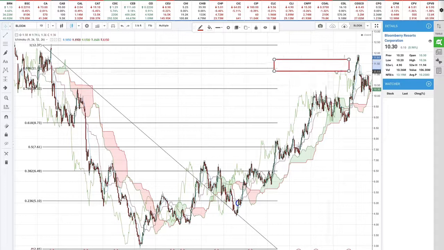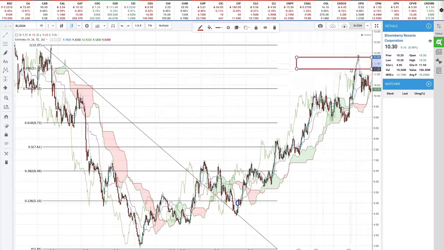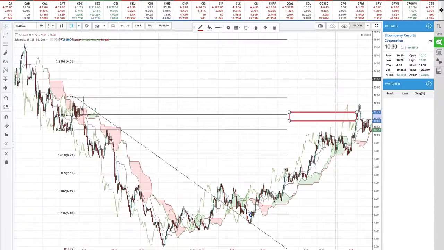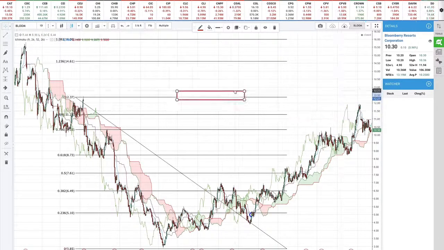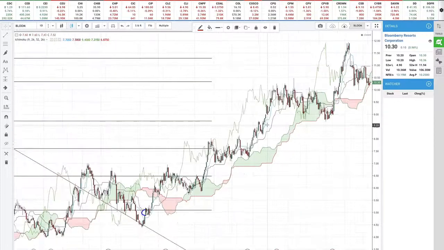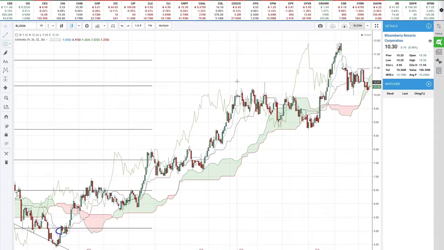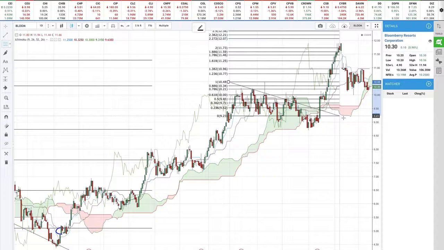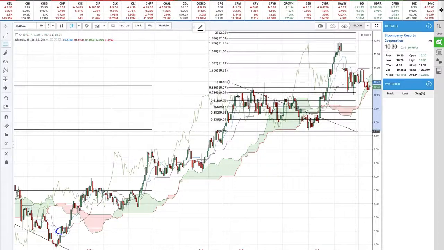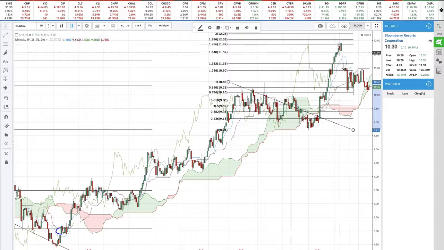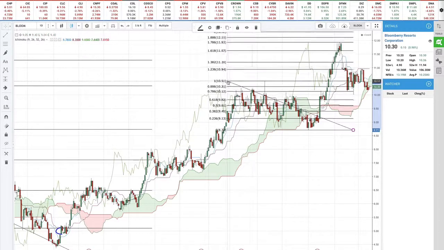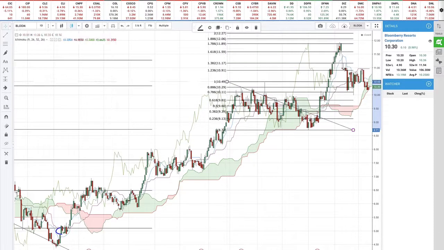Yung peak niya, between 886 and 12.37. Ito, shorter term Fibonacci, kung ipa-plot natin to. Short-term Fibonacci, which is going to be more accurate than the longer-term Fibonacci.